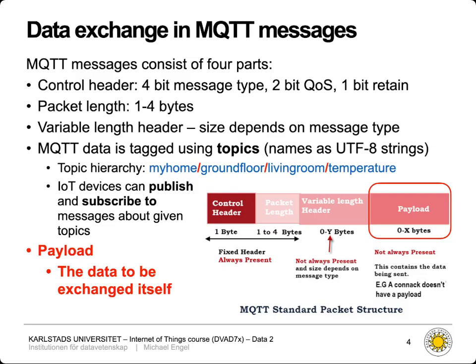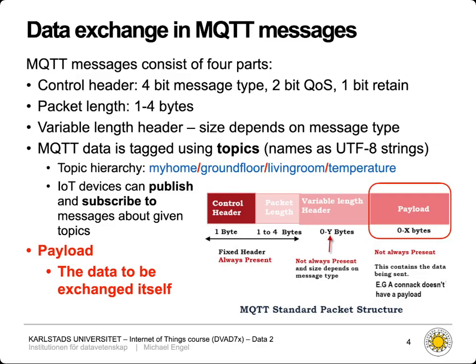Let's take a look at data exchange in MQTT messages. You've seen a bit of this before if you have subscribed to the infrastructures lecture on networking. So MQTT, as one of the most widely used protocols for IoT applications, has very simple messages, and they consist of 4 parts.